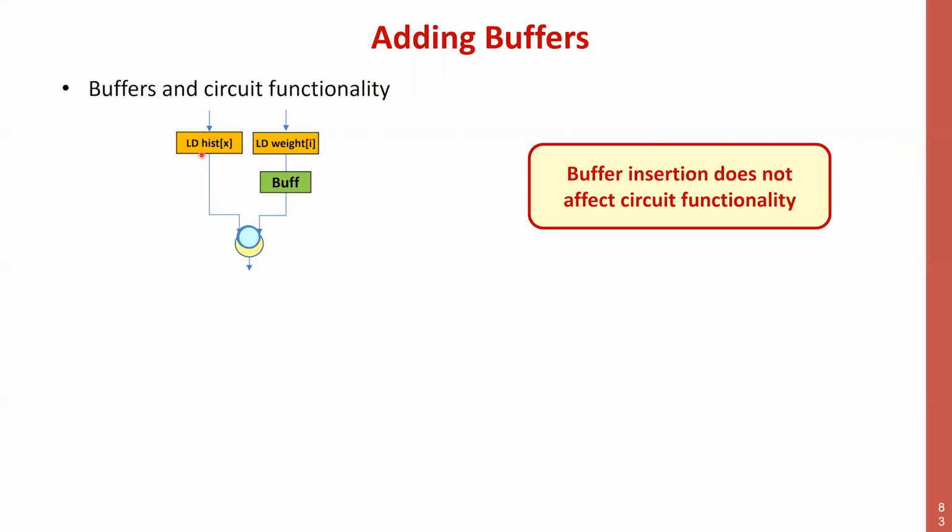So there is this notion that adding buffers in this kind of circuits may modify, and definitely modifies, and maybe in a negative sense, the performance, but has no effect on circuit functionality. So unless I care for performance, and at some point I will care, I can put buffers wherever I want, it doesn't matter.